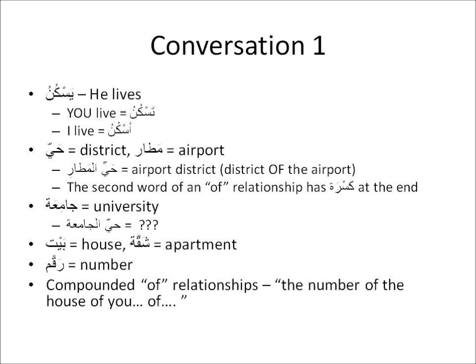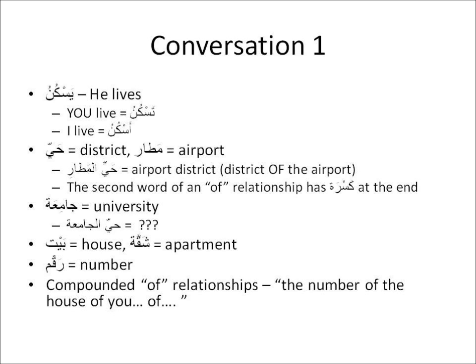Yaskunu, he lives. Taskunu, you live. Askunu, I live. And if you're talking about a female, we would also use ta for her. So hiya taskunu, anta taskunu, ana askunu, and huwa yaskunu.